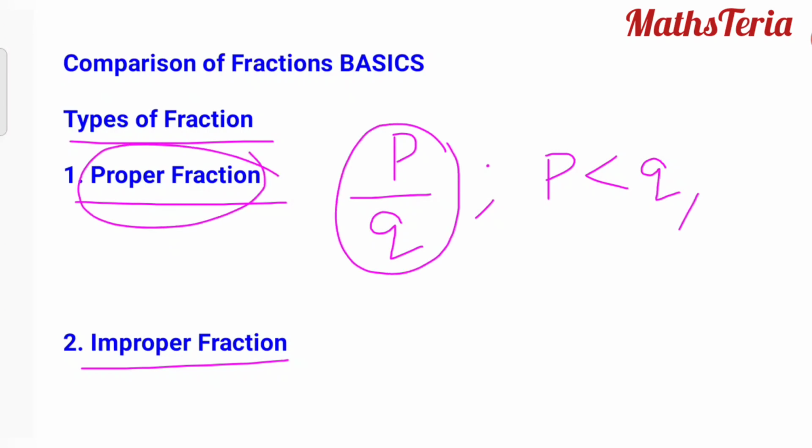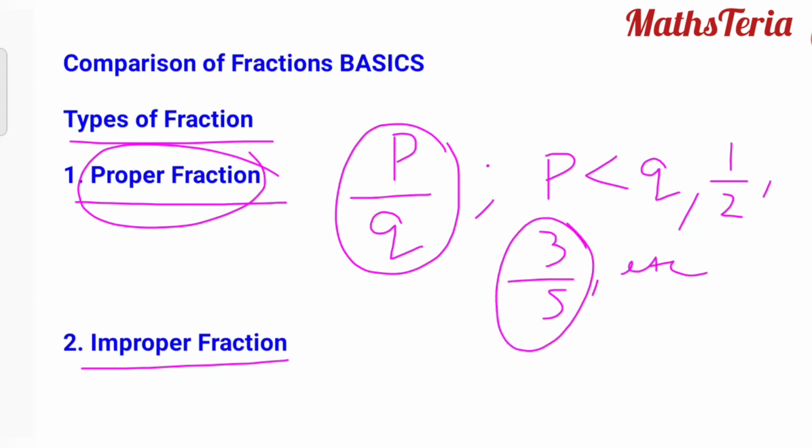For example, 1 by 2 or 3 by 5, etc. In 3 by 5, numerator 3 is less than denominator 5. Hence 3 by 5 or 1 by 2 is a proper fraction.